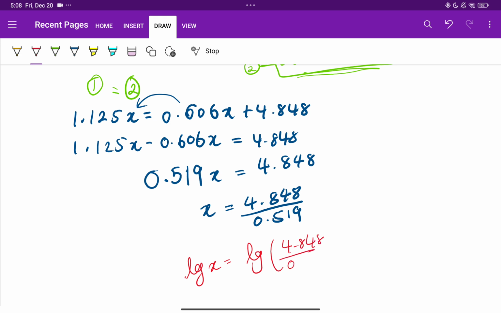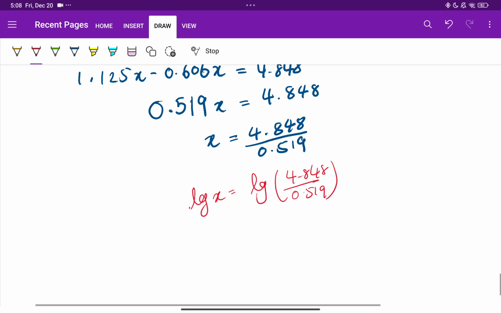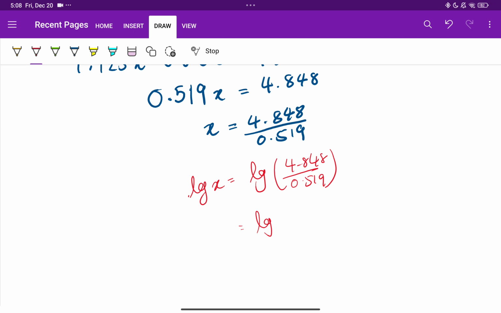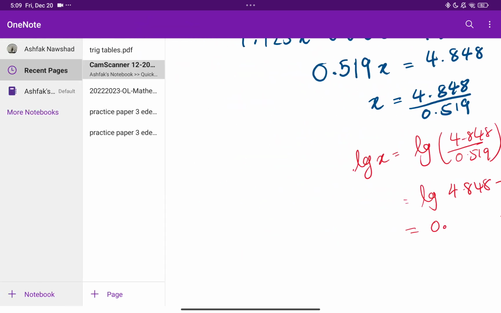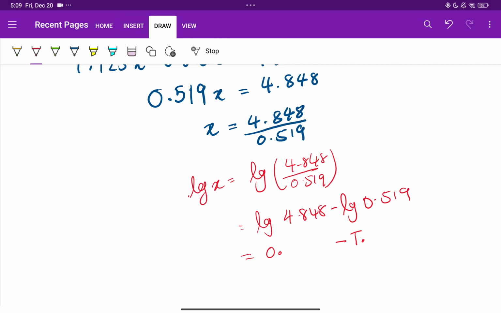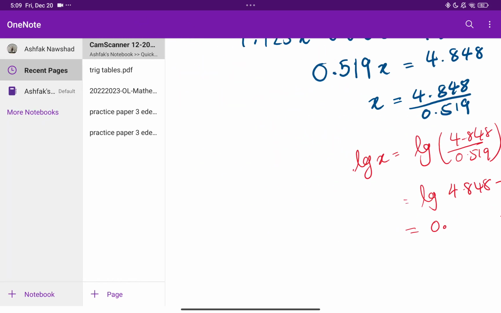Log of 4.848 divided by 0.519, then log 4.848 minus log 0.519. Now we know the characteristic of this is 0 and this is bar 1. We have to find the mantissa, 4848 and then 519, right?